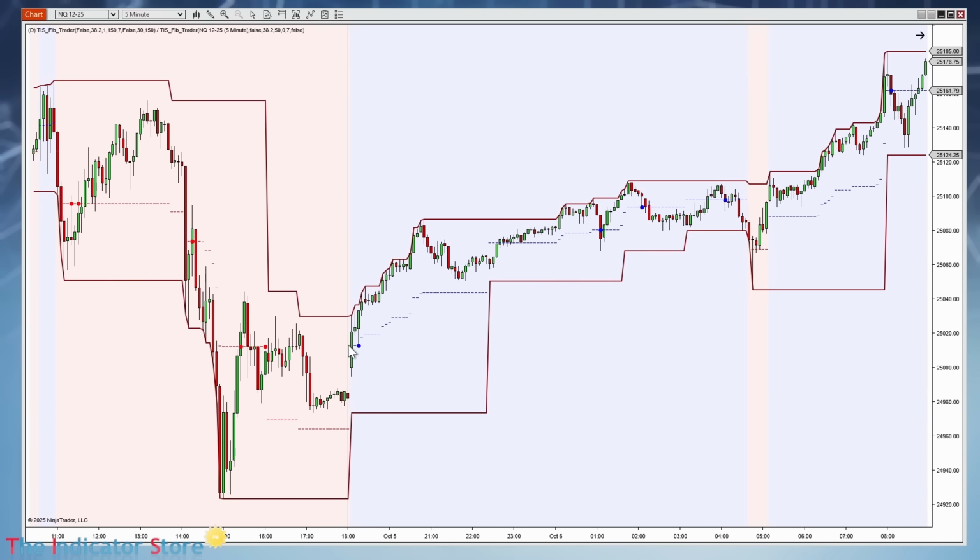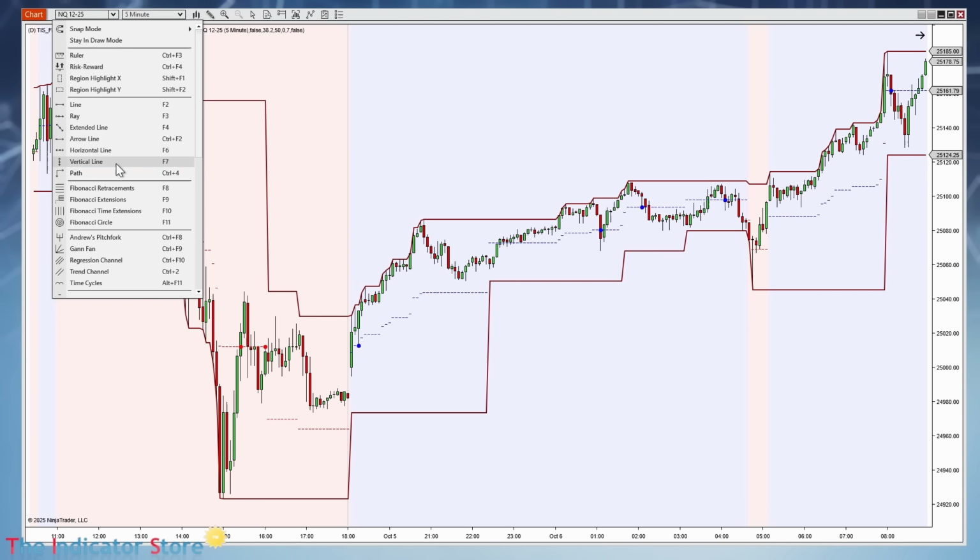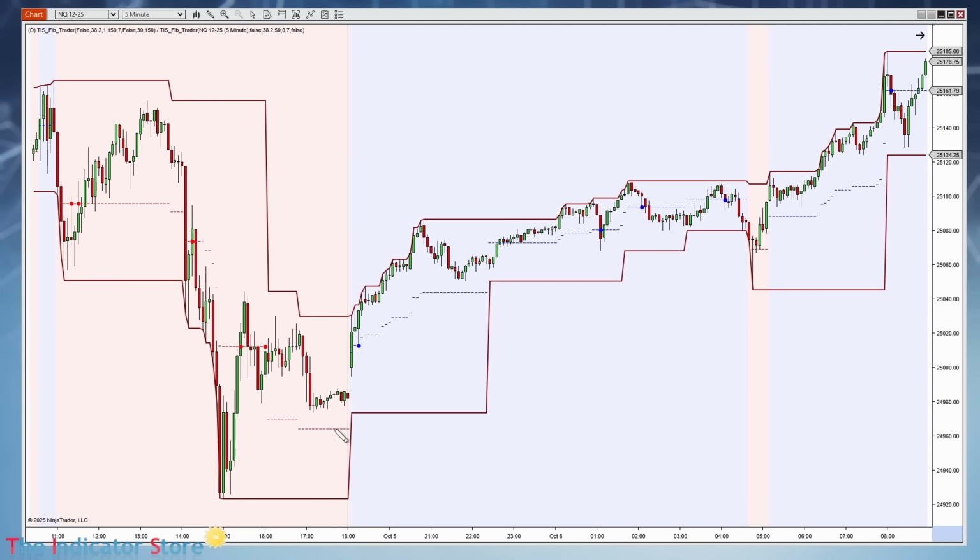So while the market is going up, we are looking for lows. So we are drawing the retracements from the low to the high. Here we have a change, like here, and this is the 38.